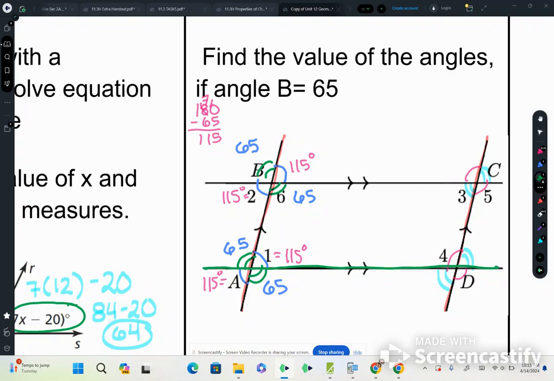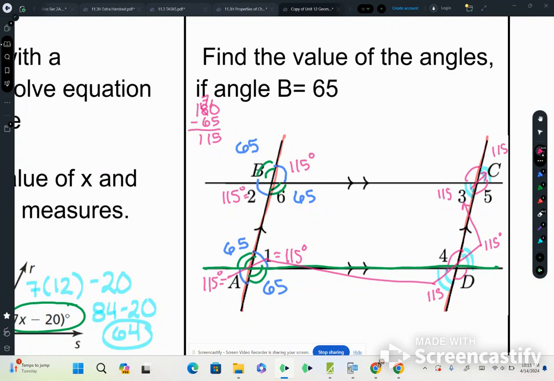So if we're looking at the zigzag, we know that this is 115, then we know this is 115, which we know this is 115. And so same idea. If we know that those are 115, then we can figure out the rest. So this is 115, this is 115, which makes 3 be 115 because we already know that those are congruent, which makes C be 115.